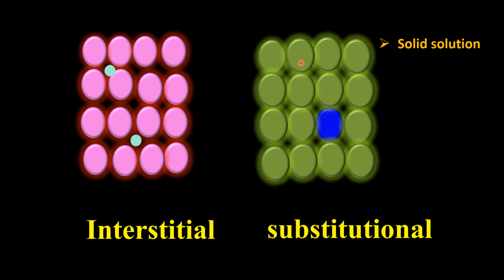For the substitutional type, here you can see the substitutional impurity atoms. The solute or impurity atoms replace the host atoms. In this figure you can see that the impurity atom is substituting the host atoms. There are several important features which determine the degree to which the impurity atom can be added to the solvent.